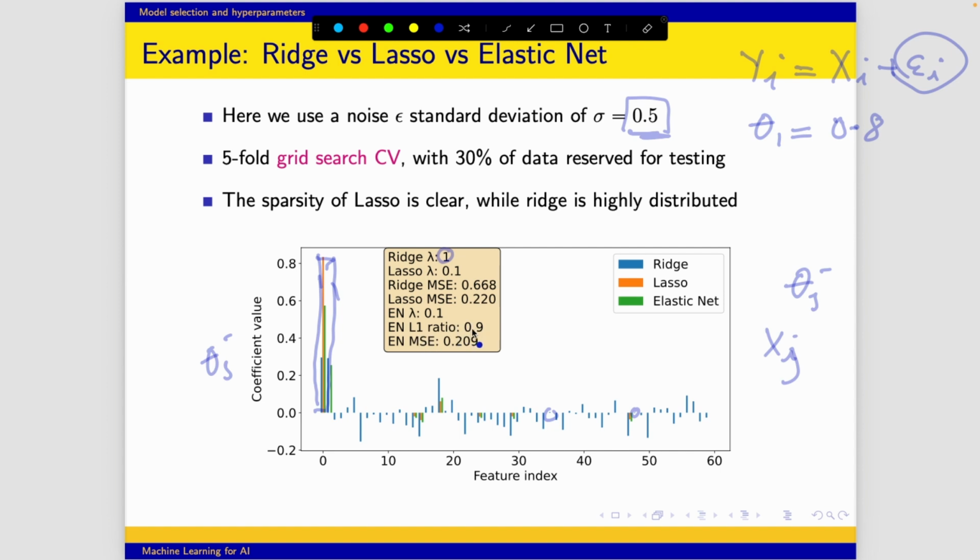So 1 minus t is 0.9 and t is 0.1. Basically, it only selects 10% in this mix, t times the 2-norm of theta squared plus 1 minus t times the 1-norm of theta. T is 0.1 and this is 0.9. So it favors Lasso.